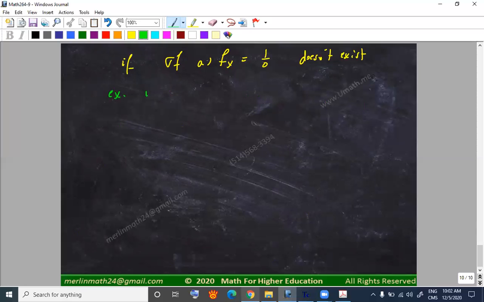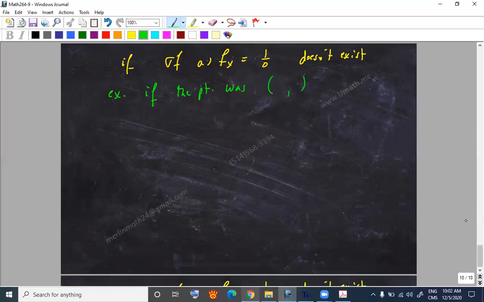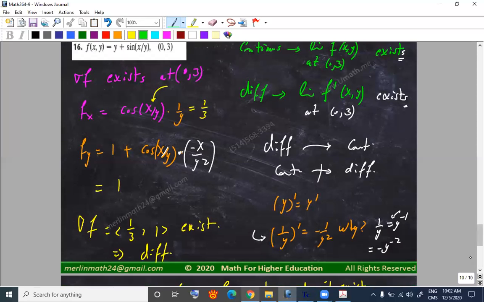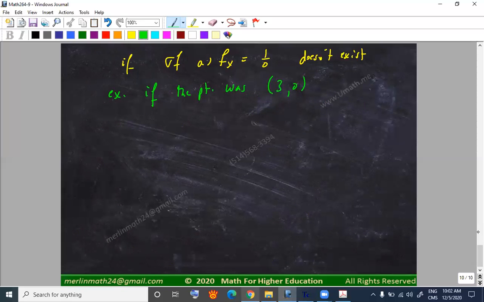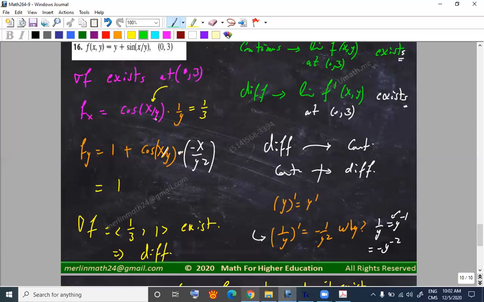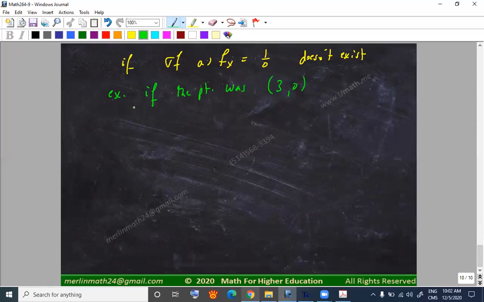Example: if the point was reversed, this point (0, 3), make it (3, 0). If you make it (3, 0), then 0 goes to the bottom, so it is undefined. So in this case, I would say it is not differentiable.